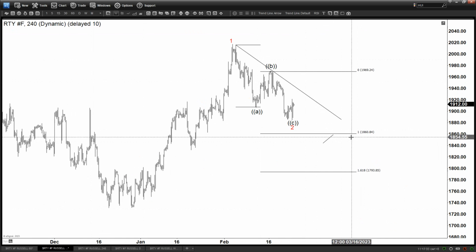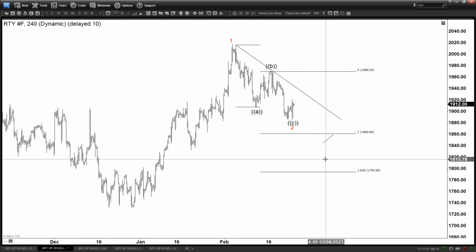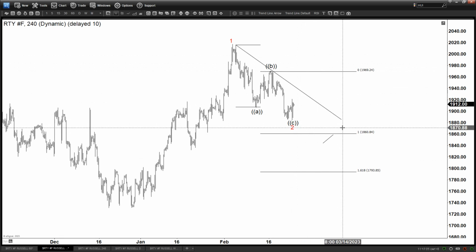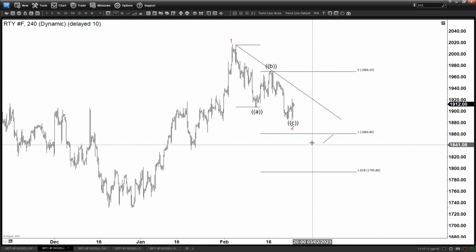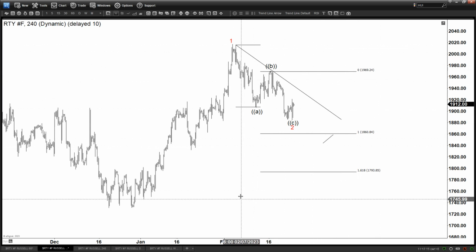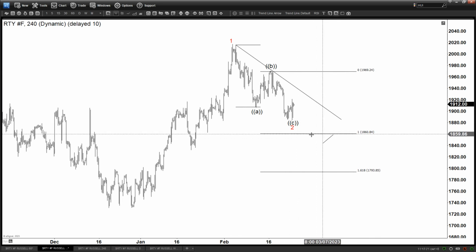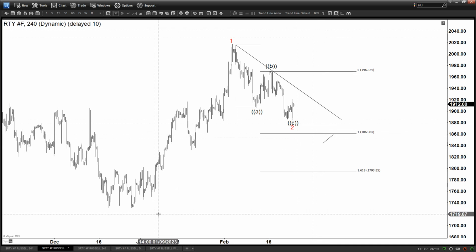We still have not reached the 100%. So for now, we're still calling for the downside, unless the data tells us otherwise. That will be the primary view for now. Calling for the downside until it hits ideally 1860 here to finish this cycle, and then we can see support and buyers from here for the next leg up.